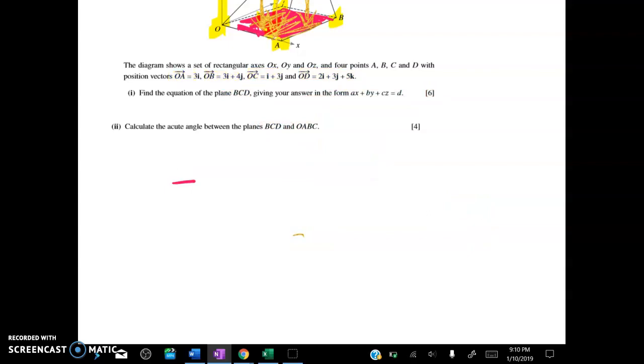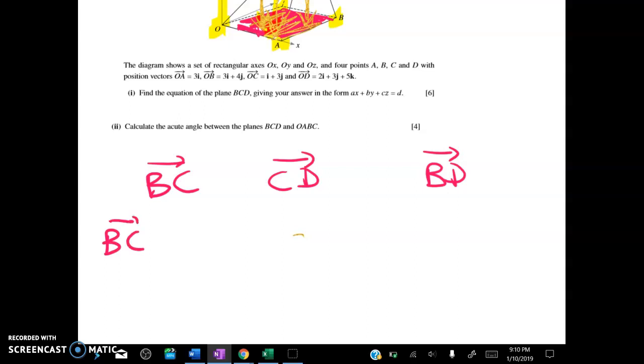So if we're going to find the equation of plane BCD, we're going to have to find some other vectors. So we're going to need BC, and we're going to need CD, or we could do BD, doesn't really matter. So the first thing that we'll start with is rewriting those IJK vectors as column vectors. So BC is going to equal this. It'll be 1 minus 3, 3 minus 4, and 0.